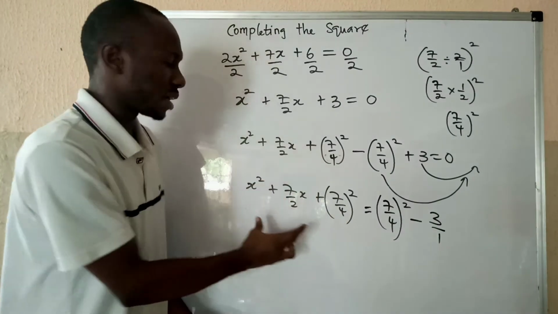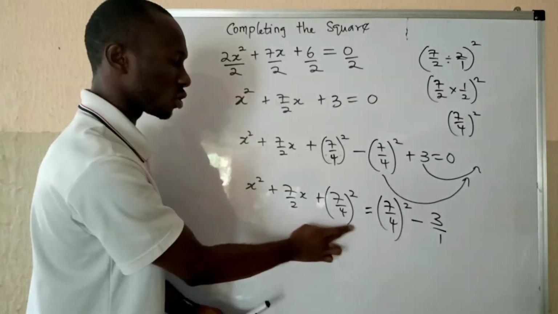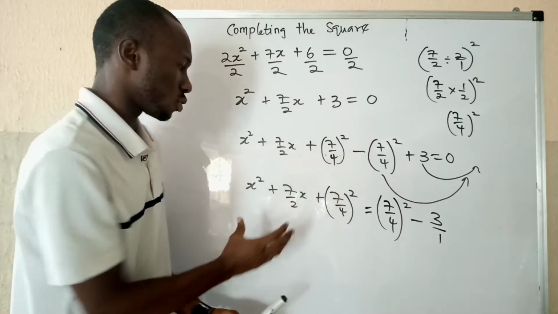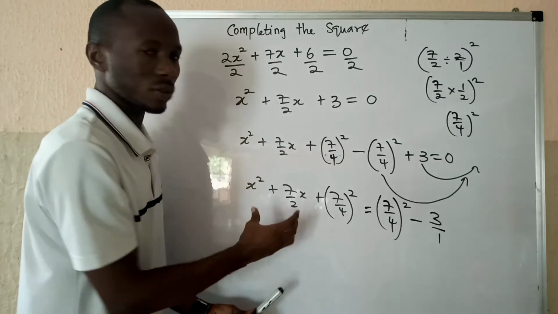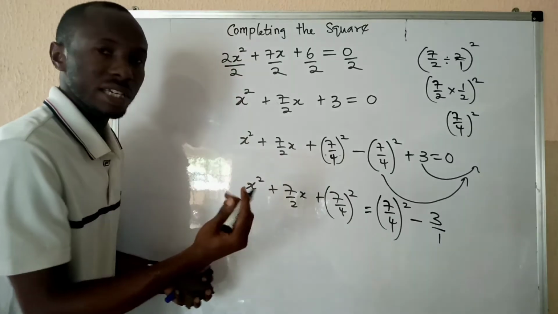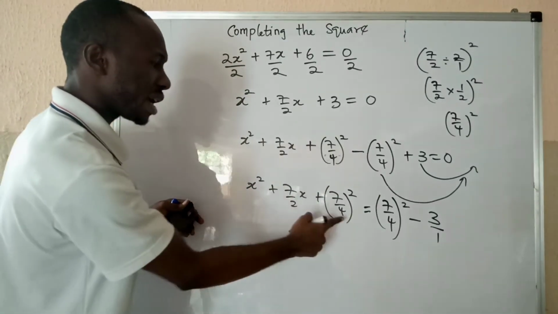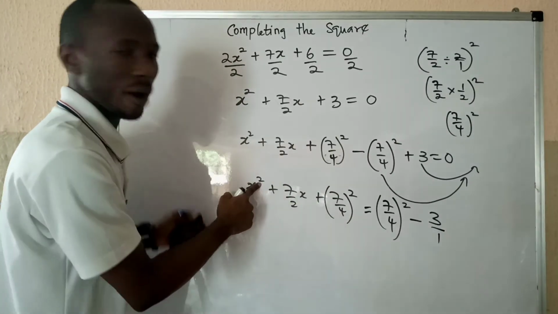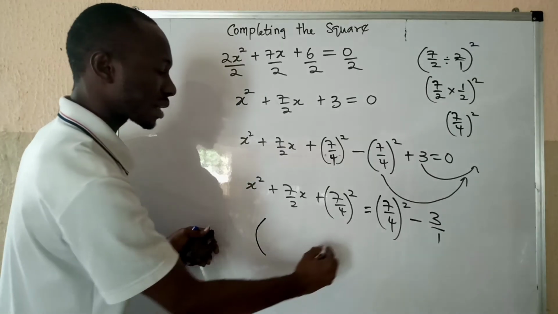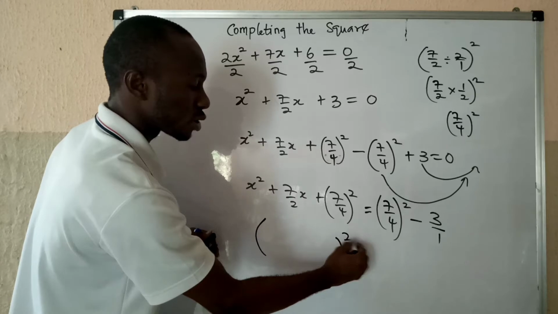Now if you look at the left hand side of this equation, I'm going to show you a trick on how to resolve this expression in a compact form, okay? Just watch. If you look at the extreme terms here, they all have squares. So I'm going to open a bracket like this, and close the bracket with a square.